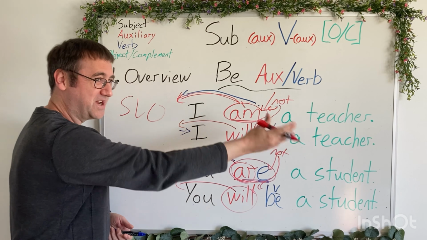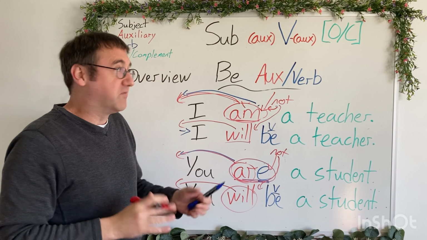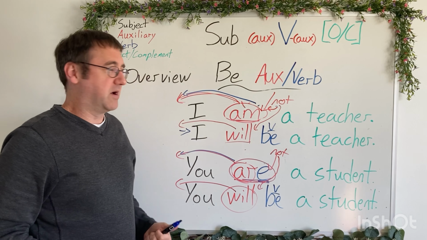And this is the grammar that you learn for everything else. But it actually only works, and I don't even like it, I'm going to erase it, it only works for this one, right? Which is why it doesn't work for I will be a teacher or I should be a teacher. Those ones have a different form, which is represented with this formula up here.